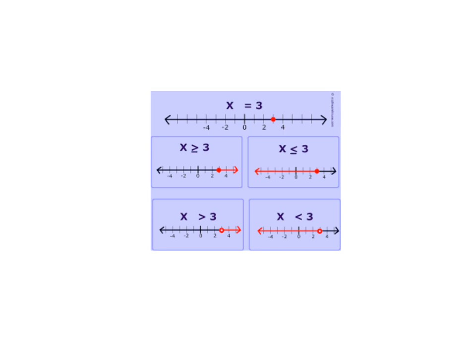However, x is greater than or equal to 3, or x is at least 3, we have to include the 3 here. So 3 or more. That's why it's called an M&M. So we have an M&M there, and we would go to the right because x is greater than or equal to 3, so anything that's bigger.